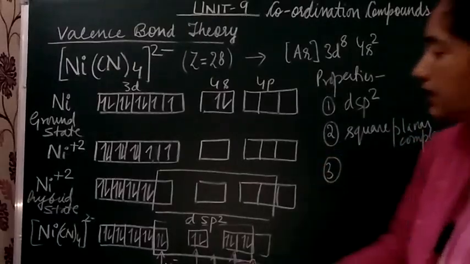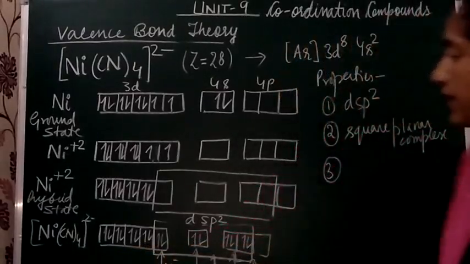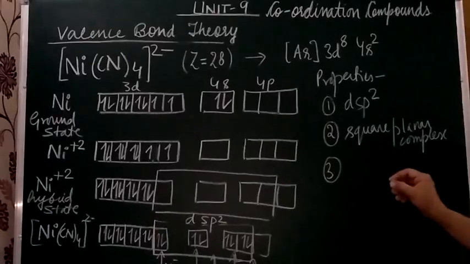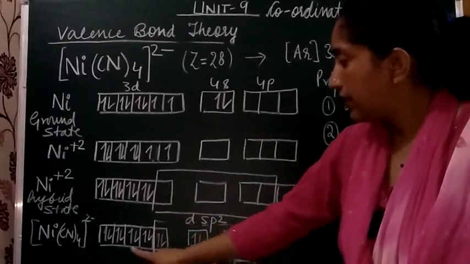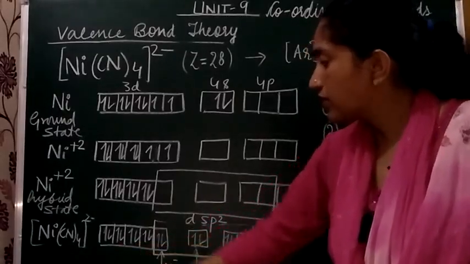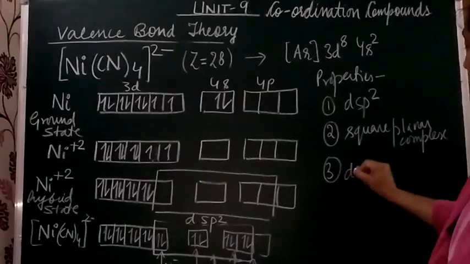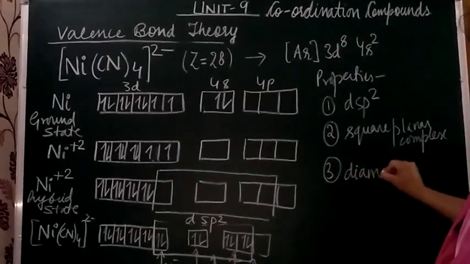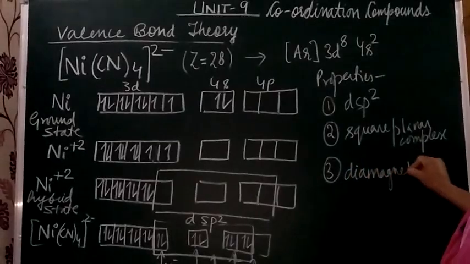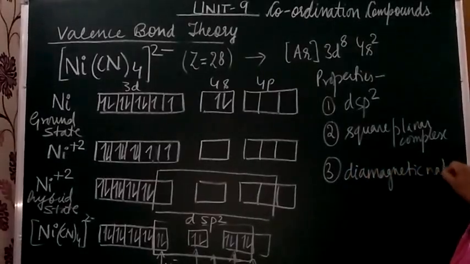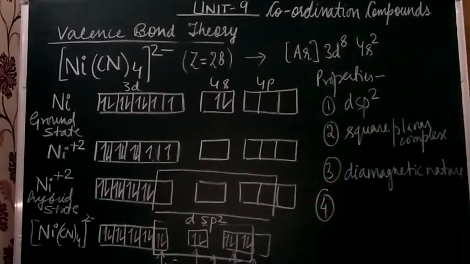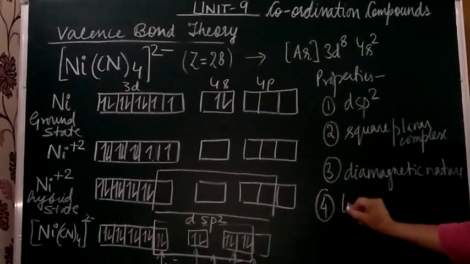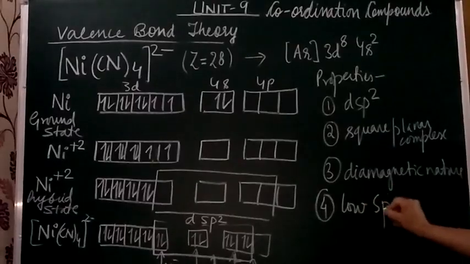Third, you can see here that all the electrons are paired up. So it is diamagnetic in nature, right? And it will be a low spin complex, right?